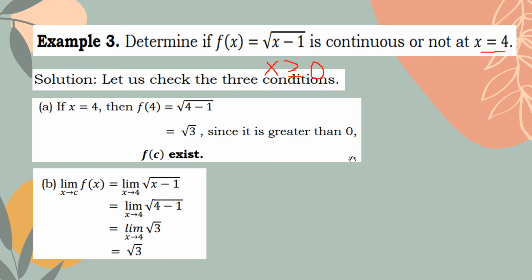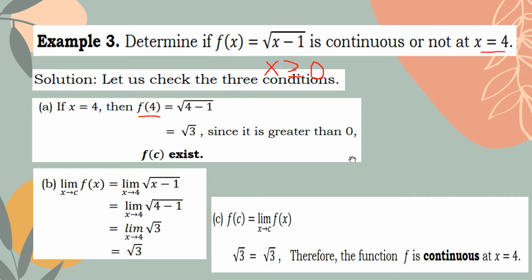Klaro kayo, limit tanan. Kani nagsugod siyang f of 4. Ang x was replaced with 4. Kani po, you take the limit of the function. So the answer is square root of 3. Obviously, they have the same value, f of c and the limit of f of x as x approaches c. Therefore, the function is continuous at x equals 4.